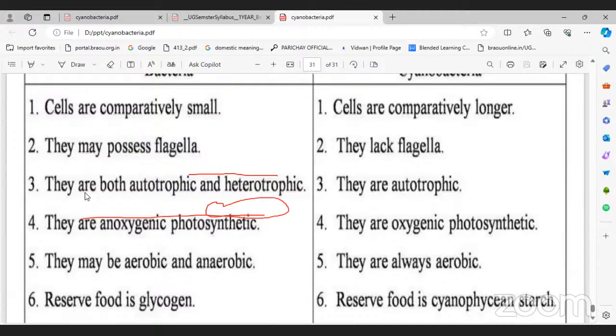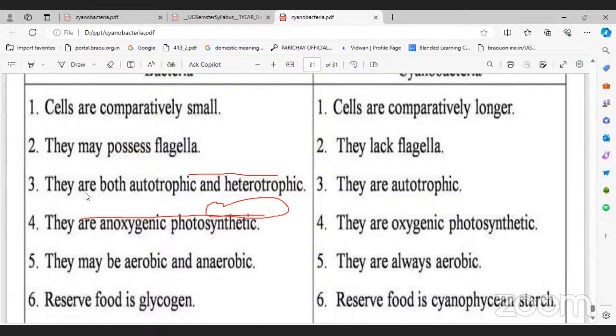And fourth, they are oxygenic photosynthetic, meaning photosynthesis with the presence of oxygen; they are always aerobic. Reserve food material is glycogen in bacteria; in cyanophyceae it is cyanophycean starch.